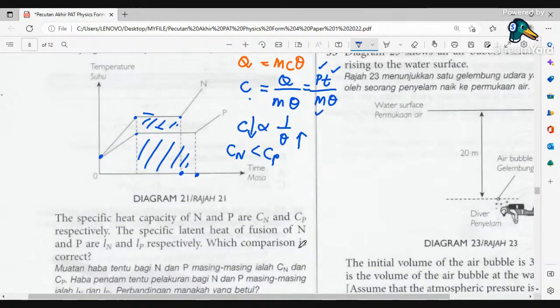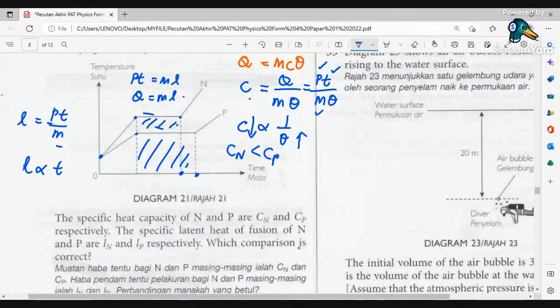Okay, area yang you nampak lebih besar tu, it requires more heat energy. Because formula untuk ini ialah Q equals to mL, ataupun Pt equals to mL. Okay, L equals to Pt divided by m. Same power, same mass, means L directly proportional to t.